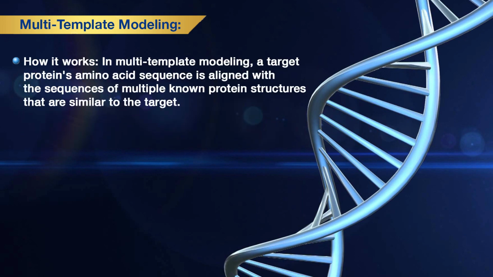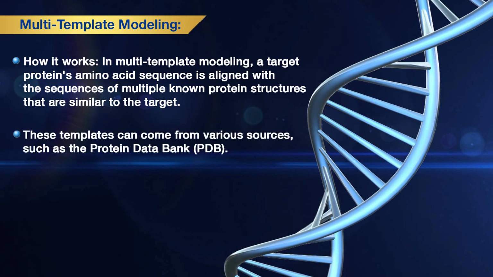So, let us see now how it works. In multiple template modeling, a target protein, that is, an amino acid sequence, is aligned with the sequences of multiple known protein structures. They can be retrieved from different protein databases as well. They are similar to the target also.